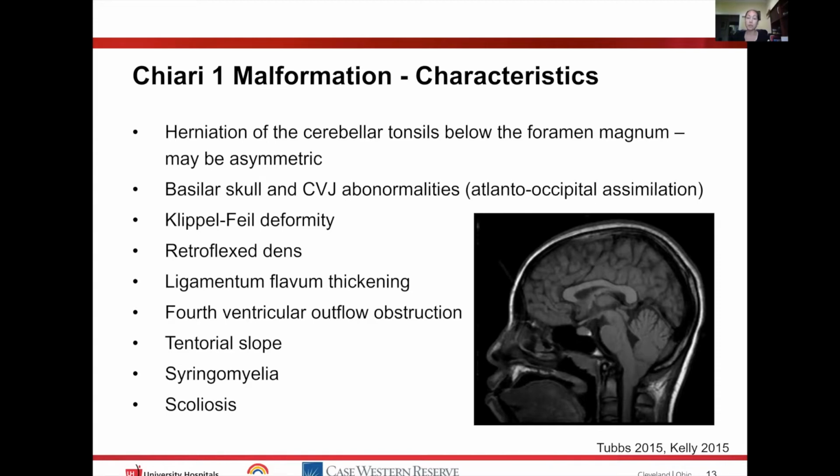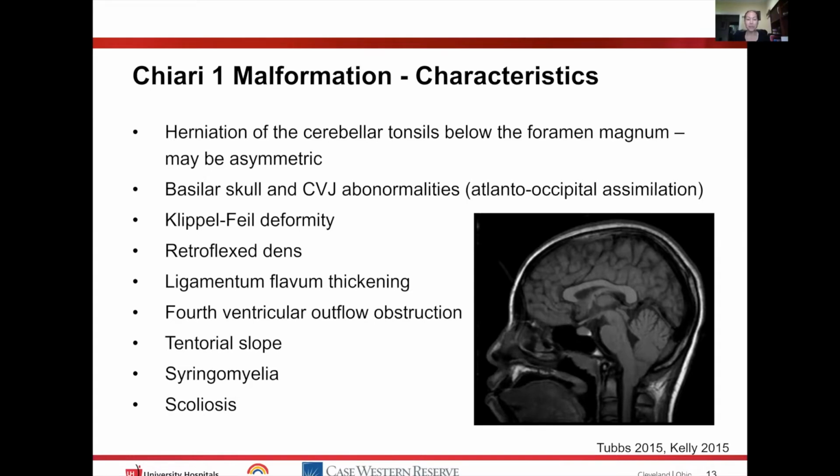They can also be associated with many skull base and craniovertebral junction abnormalities, atlanto-occipital assimilation or fusion of the C1 to the skull base can be seen in this population. Clivoaxial deformity with abnormalities in the bony elements of the cervical spine. Some of these kids will have retroflexion of their dens. And I always say kids because I'm a pediatric neurosurgeon, but obviously this occurs in adults too.